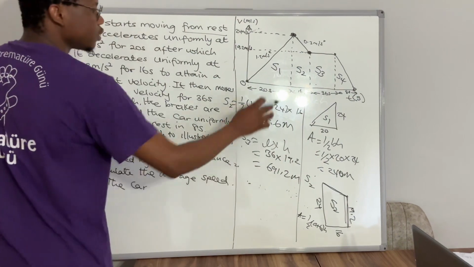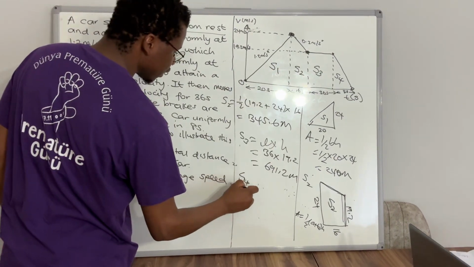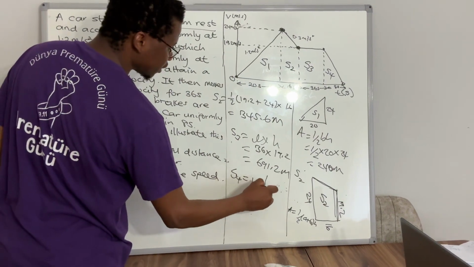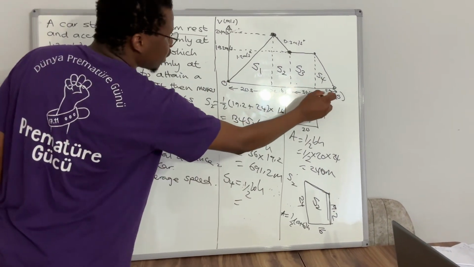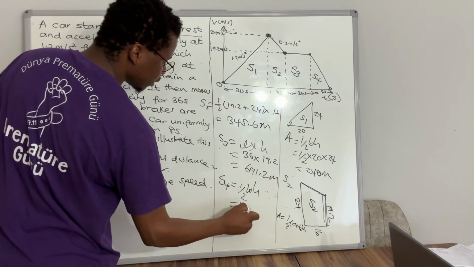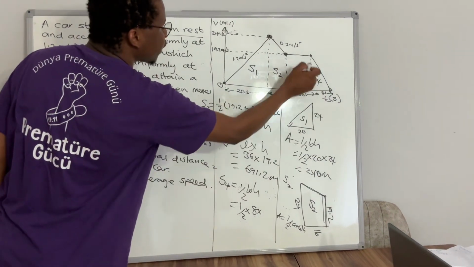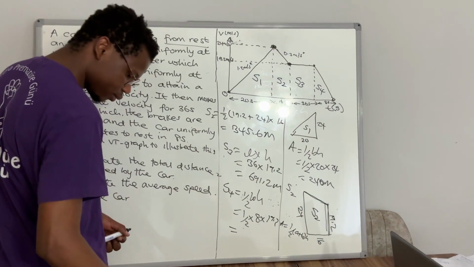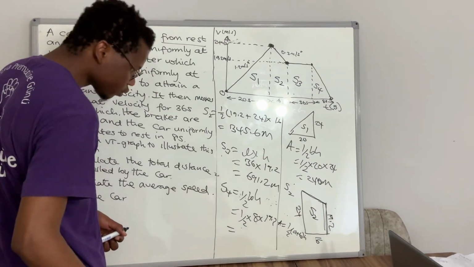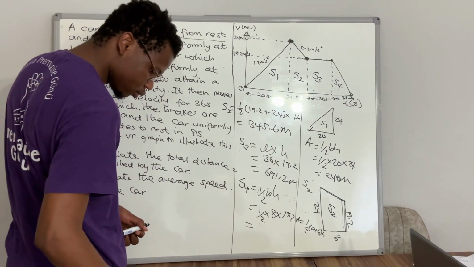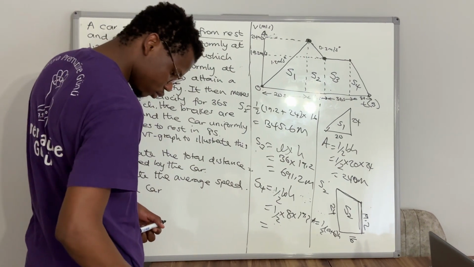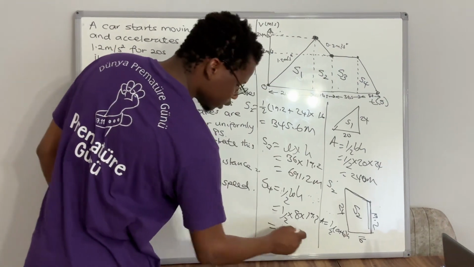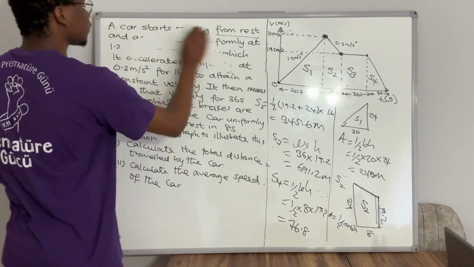All right, so we move to S4. S4 is a triangle. The area of a triangle is half the base times the height. The base is 8, and the height is 19.2. So what will that give you? You have 76.8.